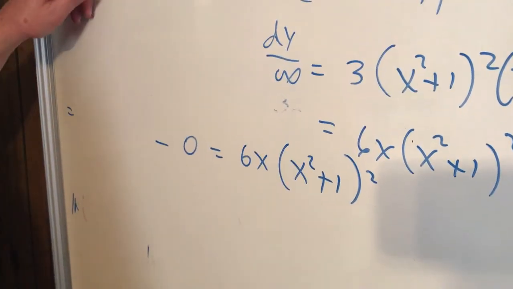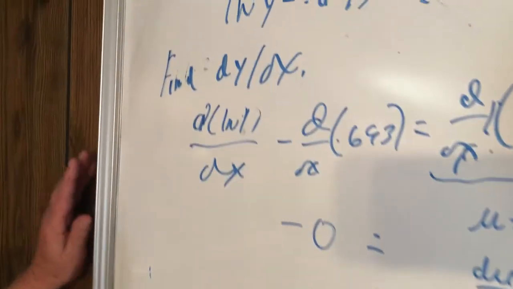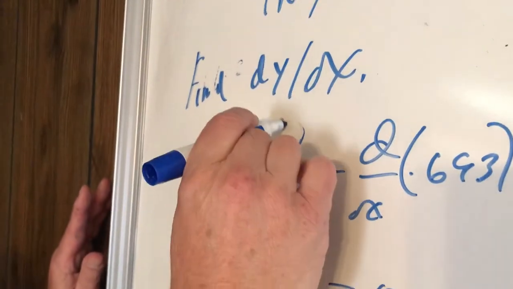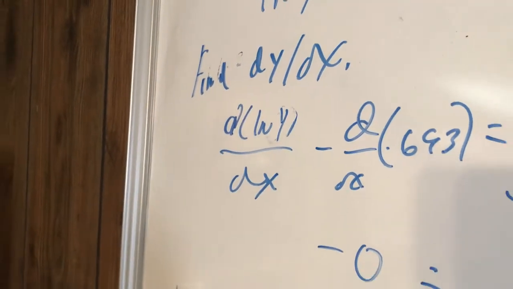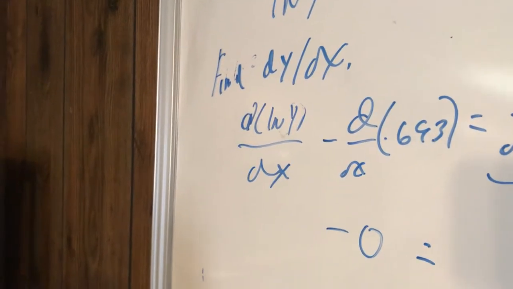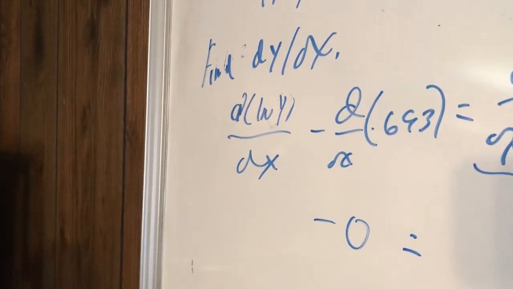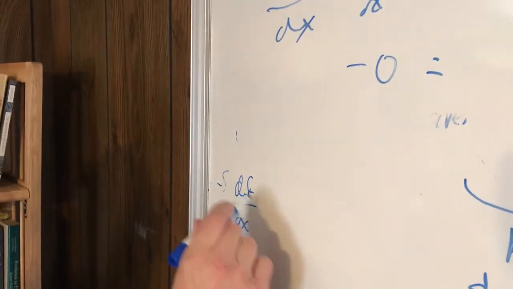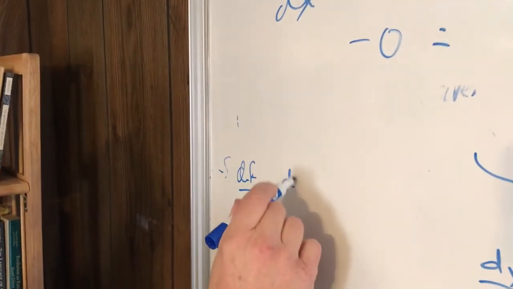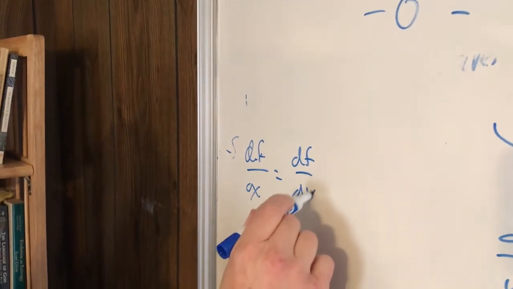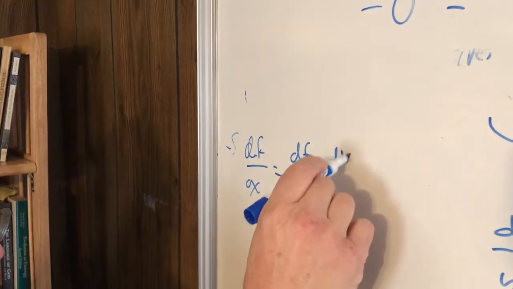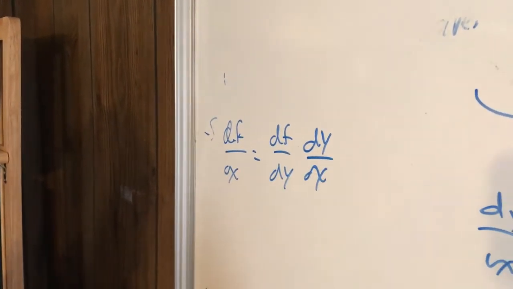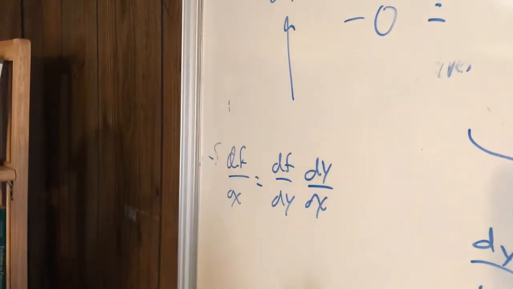But what about this guy? I cannot take the derivative of y with respect to x directly. Here I use my chain rule formula. Remember I gave it to you, df dx is equal to df dy times dy dx. I put that in here.